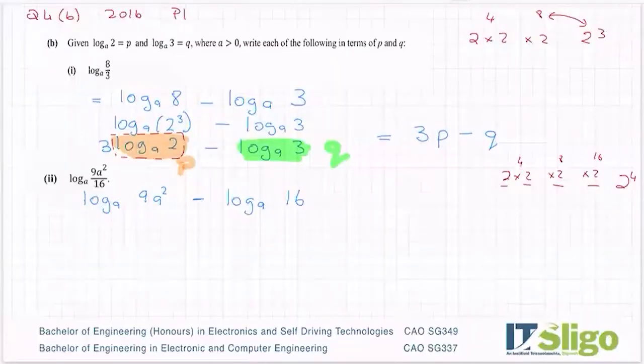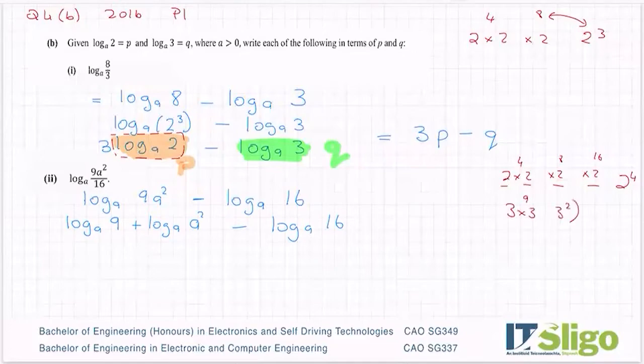Okay, so let's do that. Log to the base a of 9 plus log to the base a of a squared minus log to the base a of 16. Now 9: 3 by 3 is 9, so I can write 9 as 3 squared.